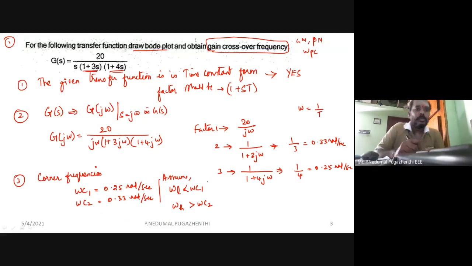So omega L I will take as 0.1, and omega c2 is 0.33. I have to choose omega H to be greater than omega c2, so let me choose 1 radian per second.